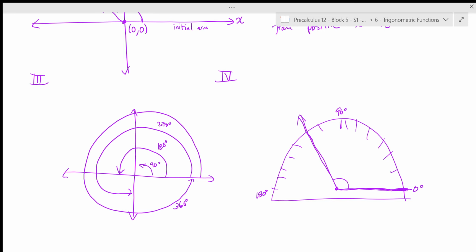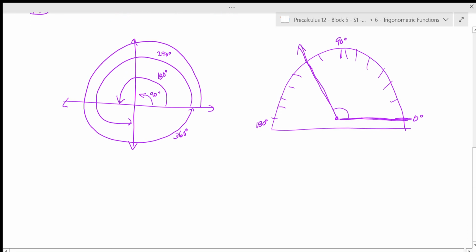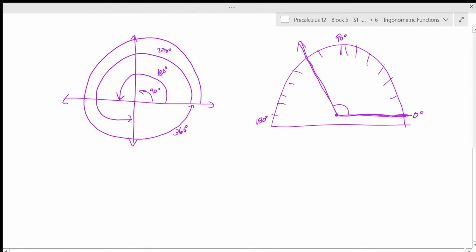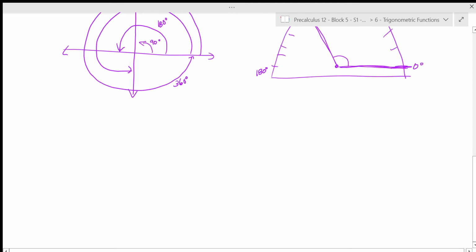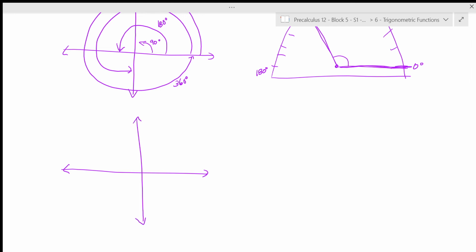So we're going to come up with a new way of measuring. What we're going to be looking at is what is called a radian. So how do we define a radian? As we've been talking about how many degrees around a circle we're going, let's think of drawing a circle.